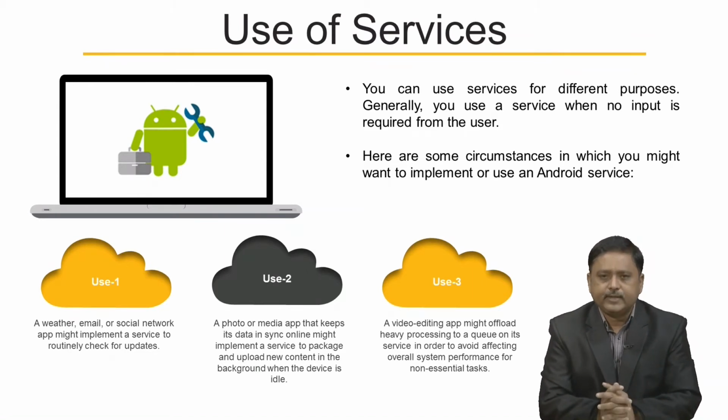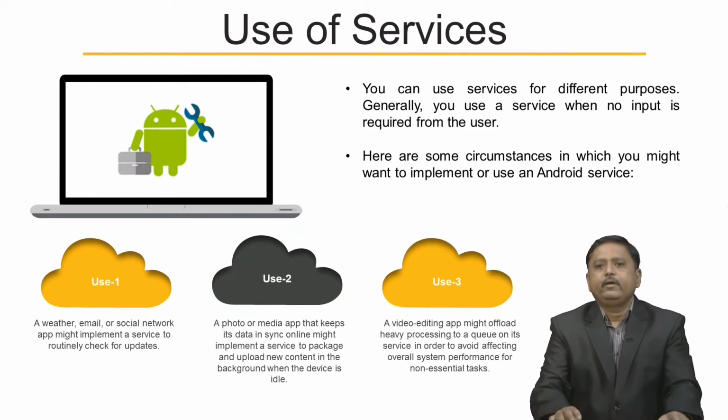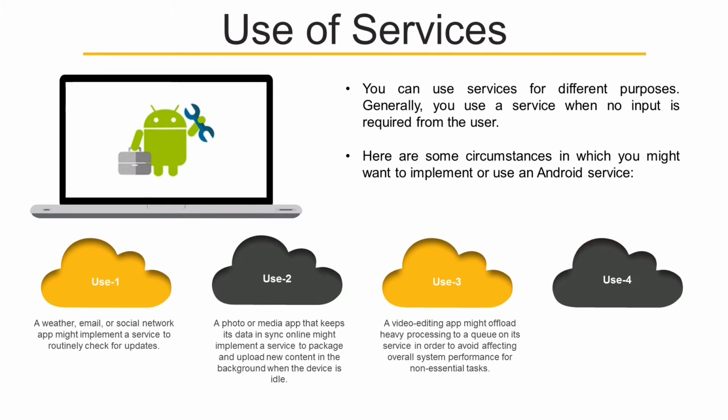And finally, the fourth example, a news application might implement a service to preload content by downloading news stories in advance of when the user launches the application to improve performance. So, it is fetching news in advance, so that when you open app you will get latest news. So, I hope you are clear on the use of services for different purposes.